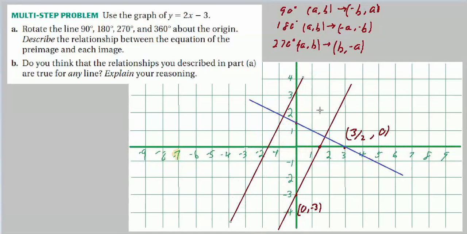If we start with our original one, what would our new coordinates be for the two 90-degree rotations, which is just the same as a 180-degree rotation, minus a, minus b. So we have minus 3/2, 0. Well, there's minus 3/2, and there's 0. Down here, I mean.